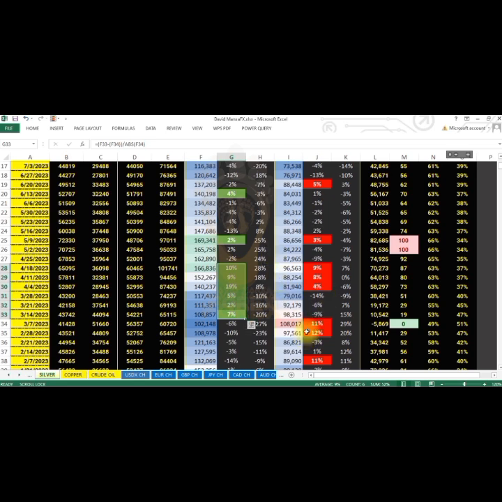At some point it was red, then moved towards white, and then blue. So they were not really focusing on the shorts at that period, just like we saw for gold.